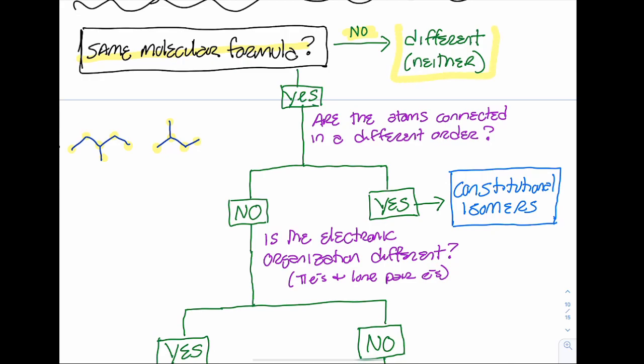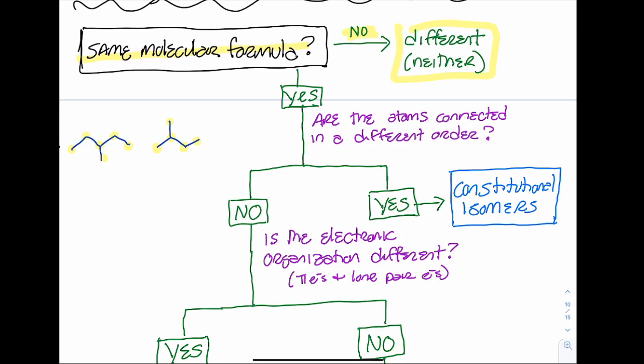So these guys are just different. They're not isomers of any sort. They're not constitutional isomers. They're not stereoisomers. They're certainly not resonance structures. I don't even have pi bonds or lone pairs. They're not conformations. I can't rotate a bond and all of a sudden add an additional carbon. So these are just different.